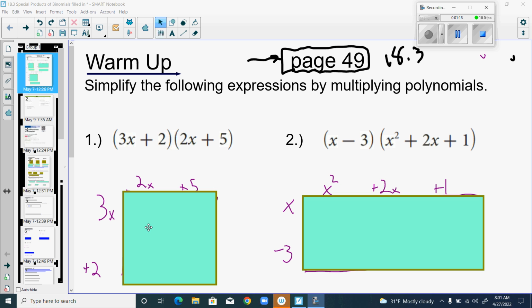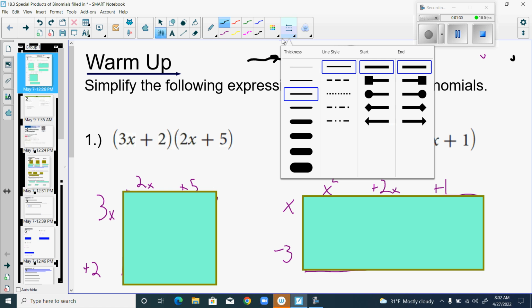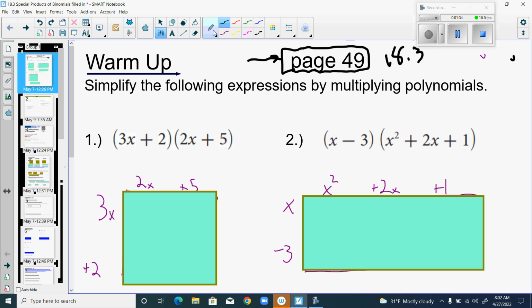All right, so hopefully you've had some time to work through these problems. The first one is a binomial times a binomial, and we have 3x plus 2 times 2x plus 5. I have my 3x plus 2 set up on the left-hand side here, and the 2x plus 5 is set up there.